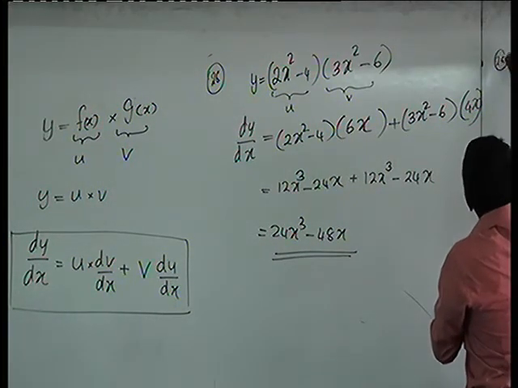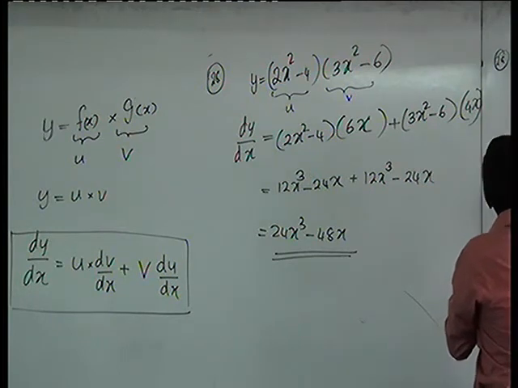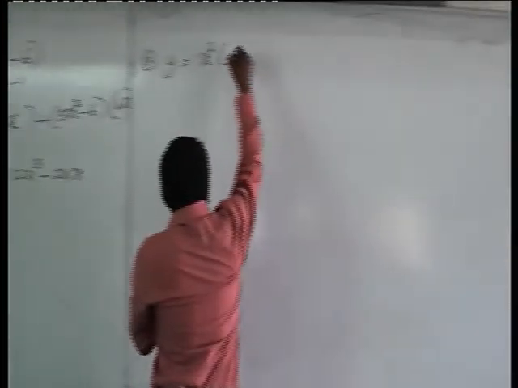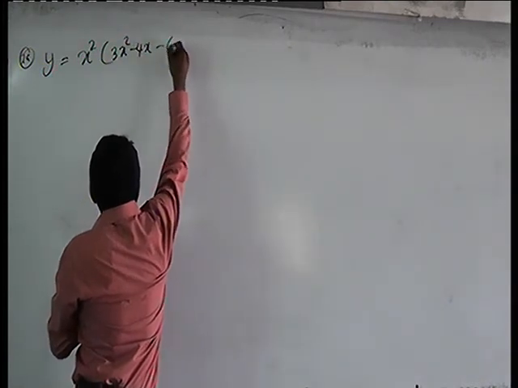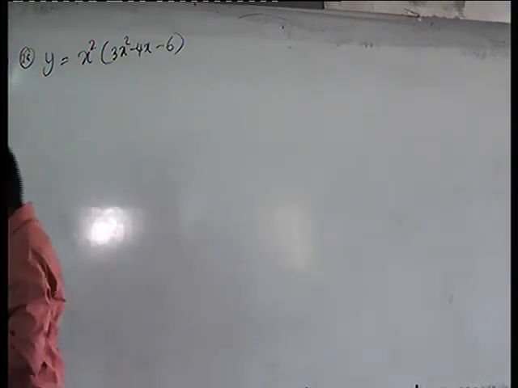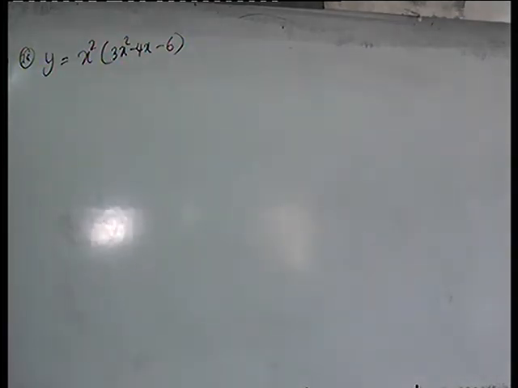29, y is equal to x squared times 3x squared minus 4x minus 6. So how do you differentiate this one? Again, multiplication. I would like to apply the multiplication rule.